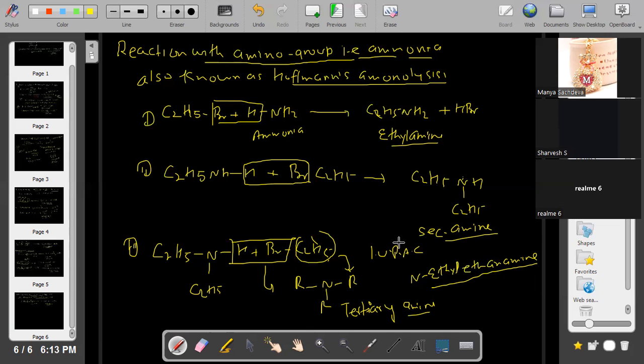Now, next we will discuss the same properties in elimination reactions. The elimination reactions. The role of KOH.